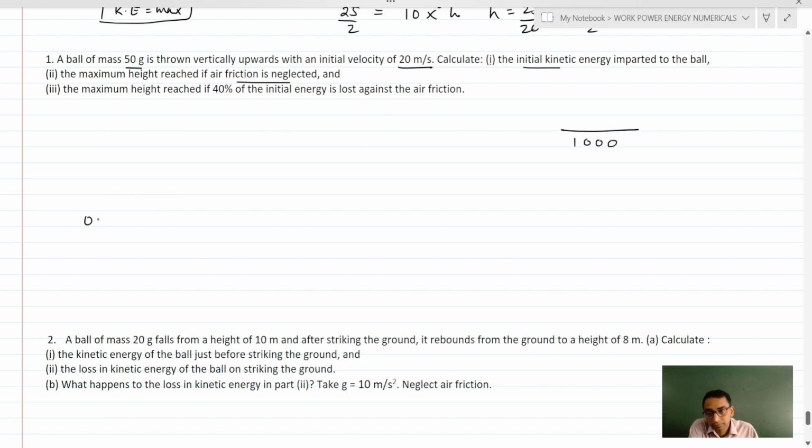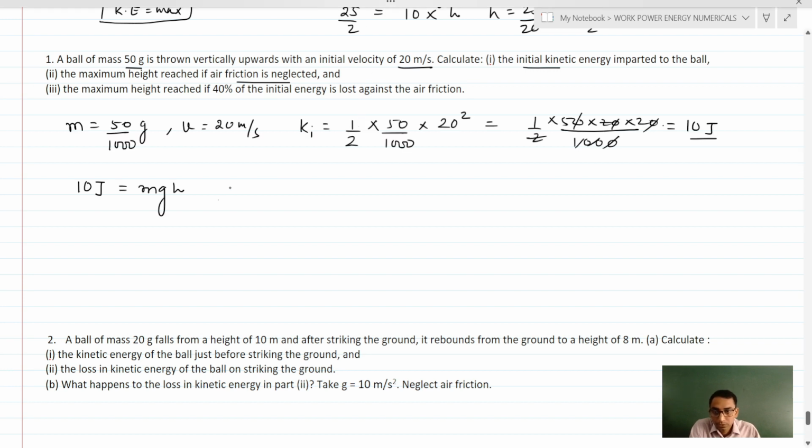So this is 10, that is equal to 50 by 1000 into 10, g is 10, height above the ground is h. So these two zeros get cancelled, 5 ones are 5, 5 twos are 10. So height above the ground is 20 meters.